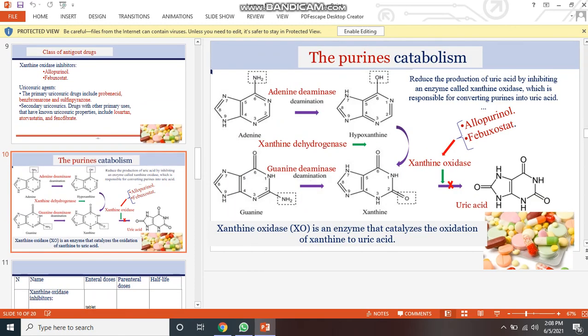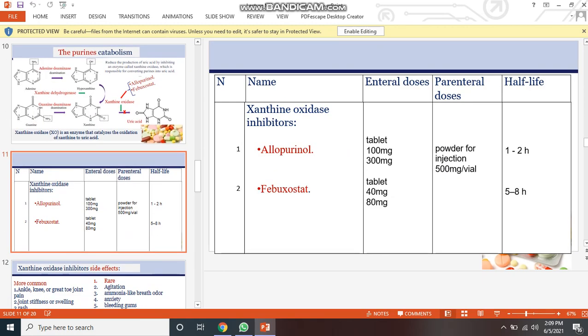Another thing, in purine catabolism, adenine is converted into xanthine and guanine is converted into xanthine by xanthine dehydrogenase. Xanthine oxidase is an enzyme that catalyzes oxidation of xanthine into uric acid. And there are doses which we can use for this disease.